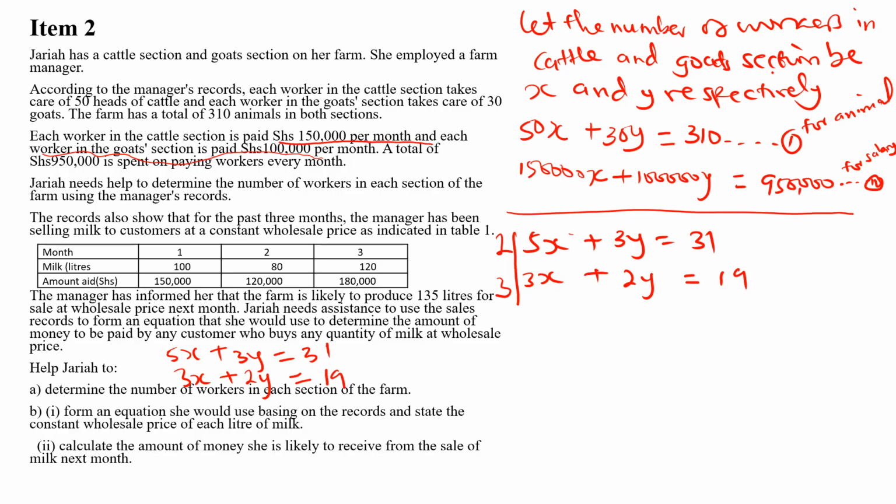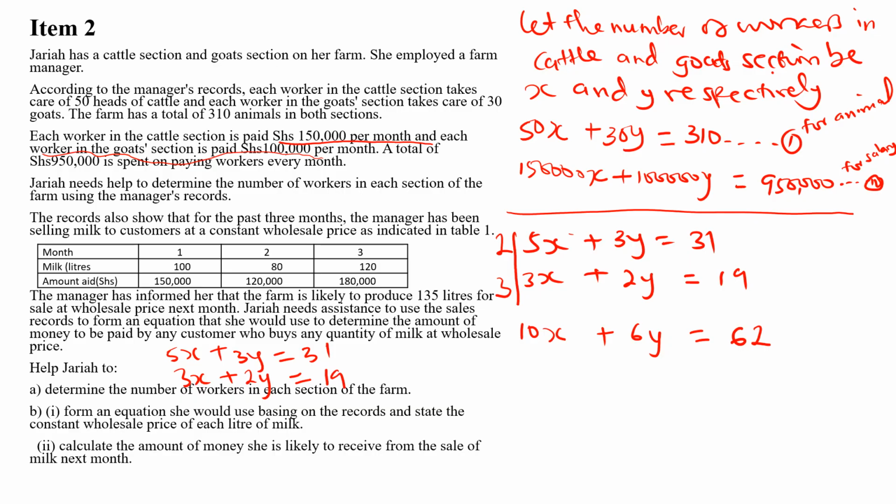So let us multiply. 2 times 5x I get 10x, plus 2 times 3y I get 6y, is equal to 2 times 31, I get 62.